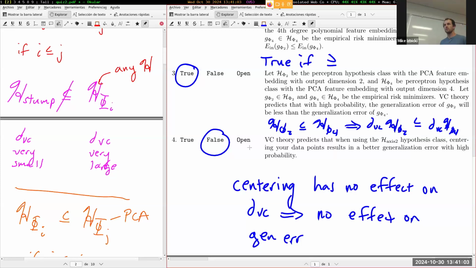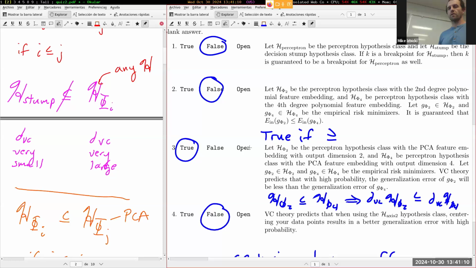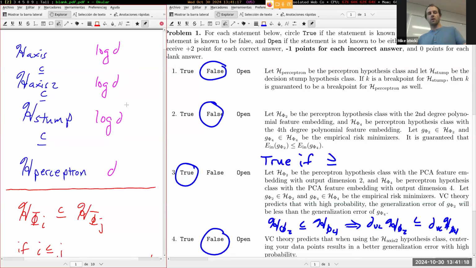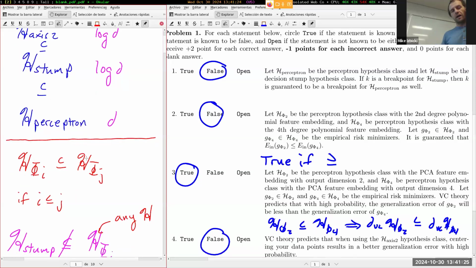Yes. Sorry, just back to my original question. Sure. If the H stump had a feature map, like a polynomial feature map, does that break the subset relationship with perceptron? Yeah. So this is a good question. Back up on our subset relations between all of the stuff in blue up here and the stuff in red down here, we said that if the base hypothesis class down here is the perceptron, then because this matches the perceptron up here, we could glue them together.